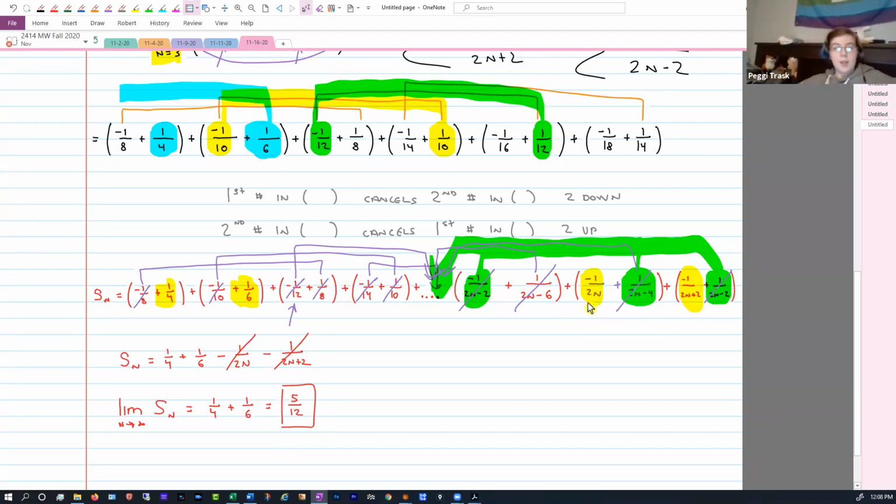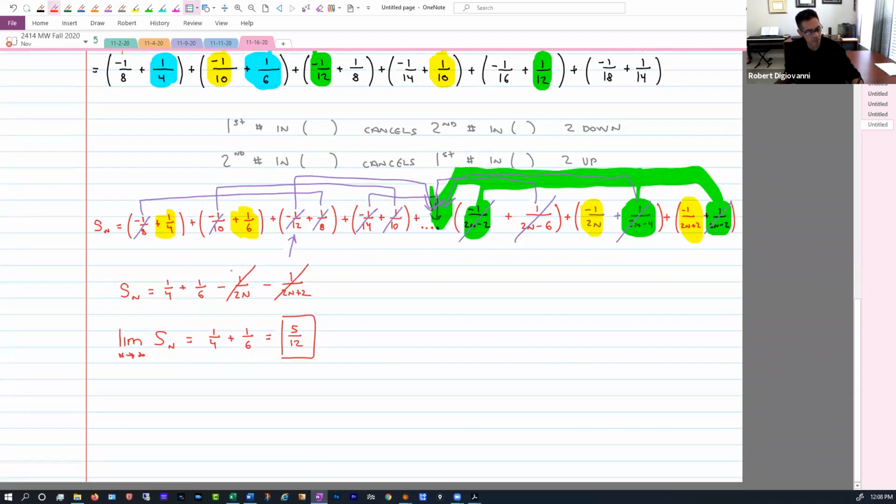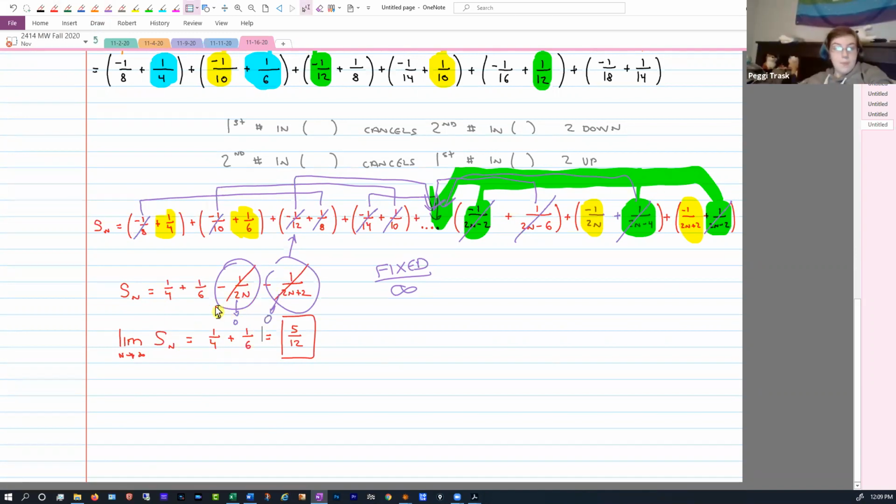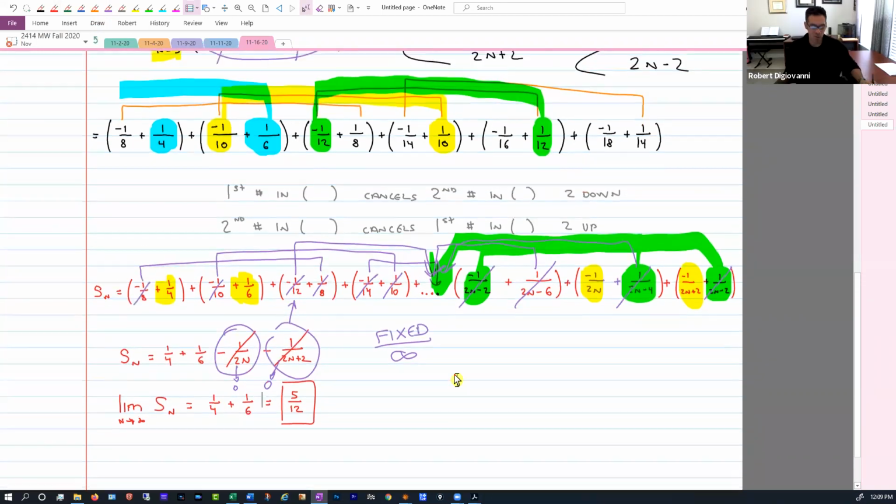It's like when you were taking the limit. Oh, okay, because with both of those, you have a fixed number over something that's going to infinity, right? As n goes to infinity, those two go to 0. So that goes to 0, and then that goes to 0. All right. Yes? Okay, so it converges.